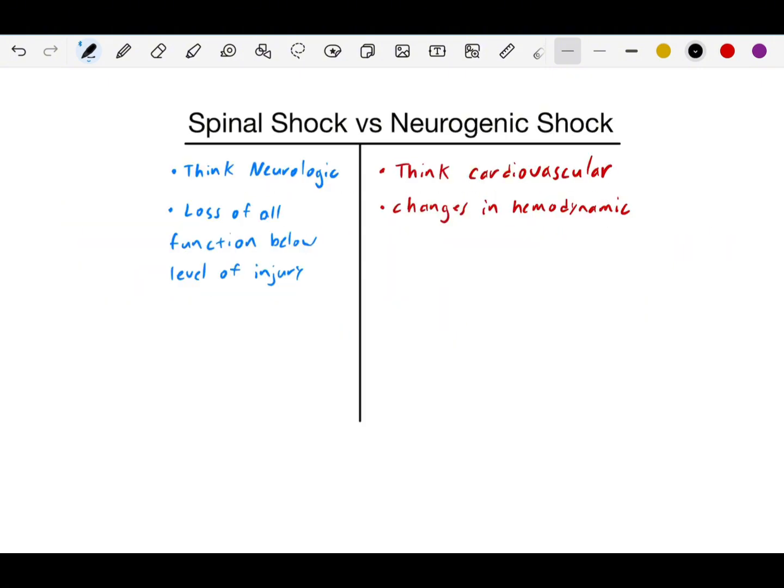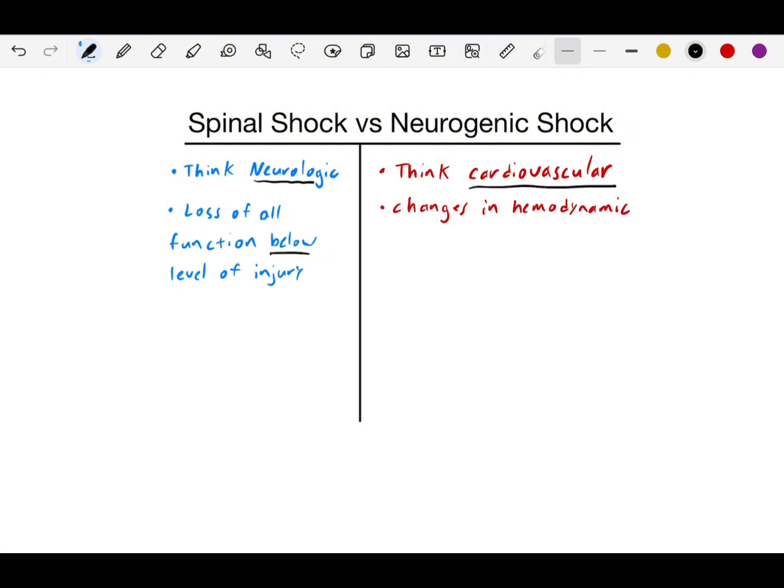So we've gone ahead and discussed the definitions of both spinal shock and neurogenic shock, so I thought it would be helpful to do a little side-by-side chart with some of the very basic information so that you can help distinguish these. In the setting of spinal shock, this is something neurologic. Again, we've lost sensation and we've lost reflexes below the level of a spinal cord injury. Neurogenic shock, this is something you will see with the vital signs.